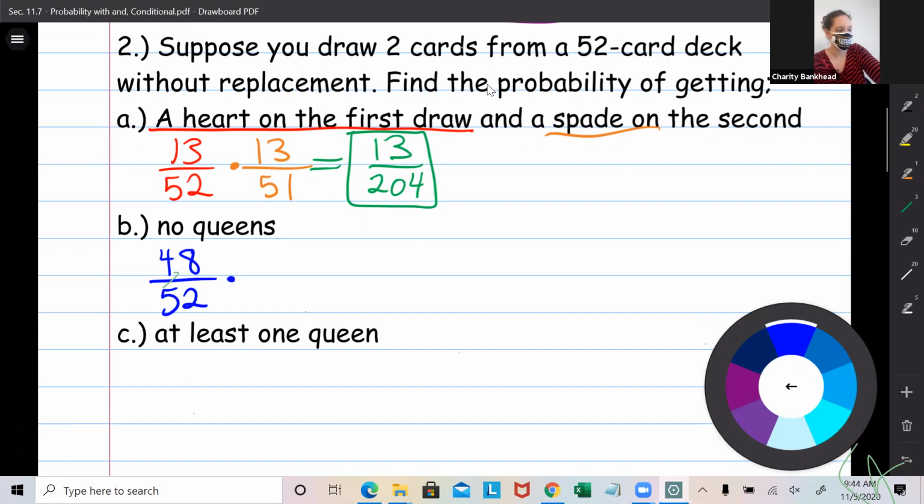So now there's 47 cards that are not queens out of a total of 51 cards that are left in the deck. So 48 ABC 52 times 47 ABC 51 equals 188 over 221.